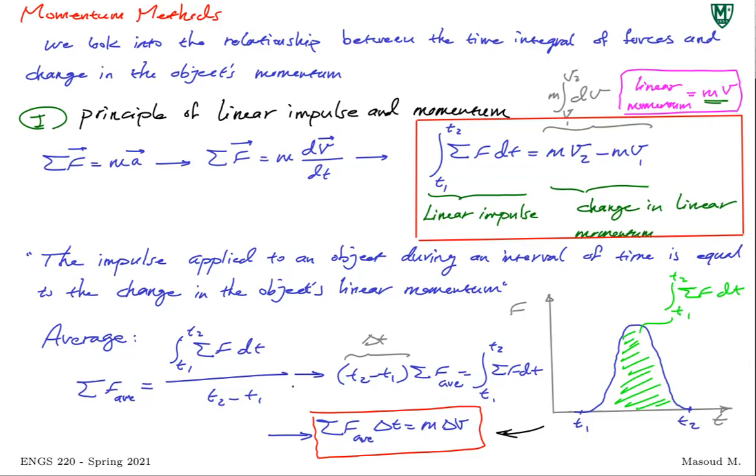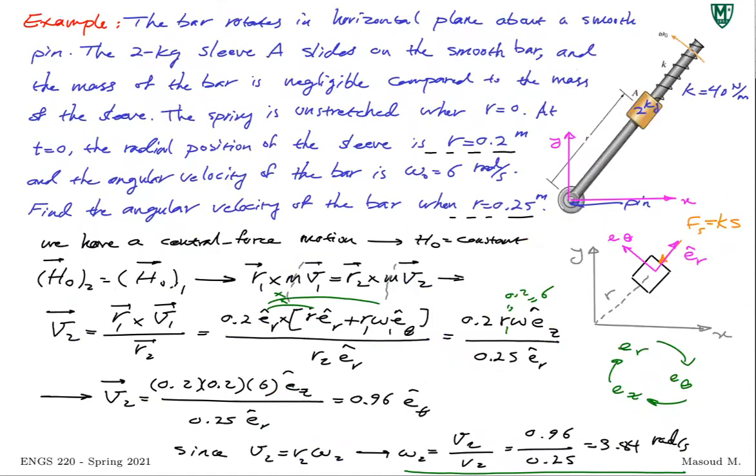We're finding that integral from R1 to R2 of the resultant force dr, and then the change in kinetic energy. So this is a problem where you use both momentum methods and energy methods to find what you're asked to find. That's why I brought this example here.